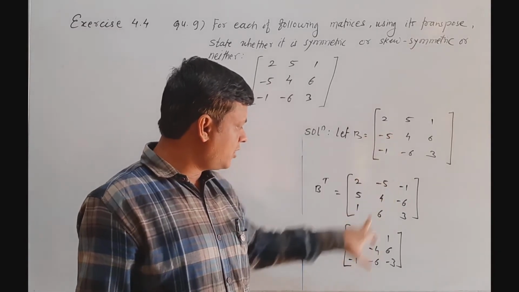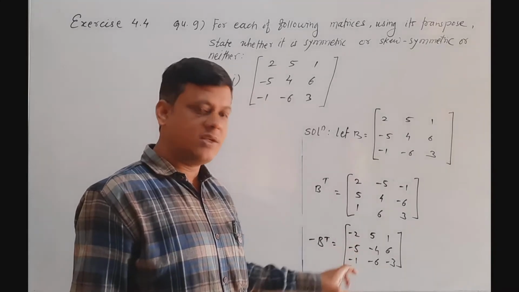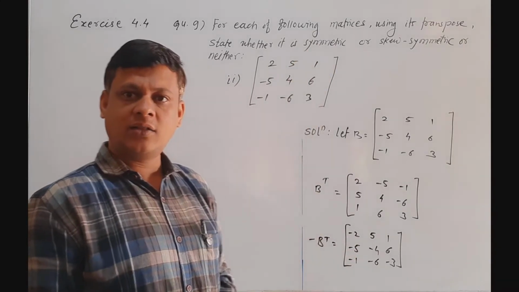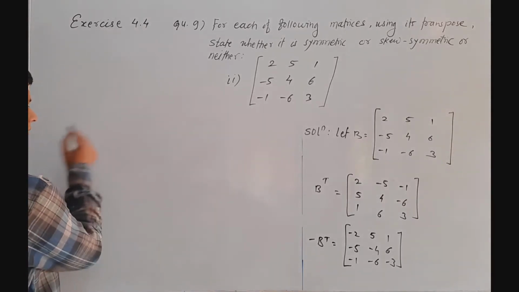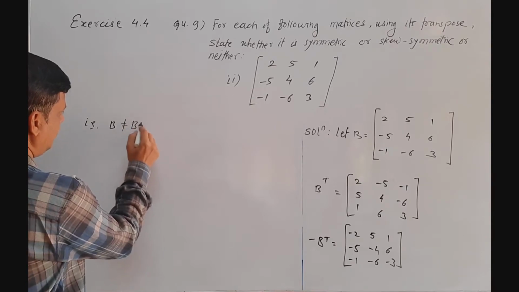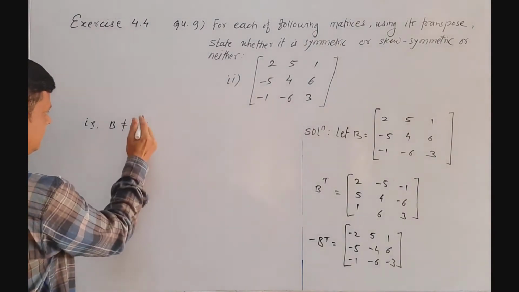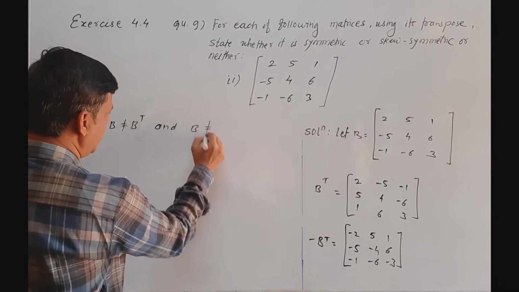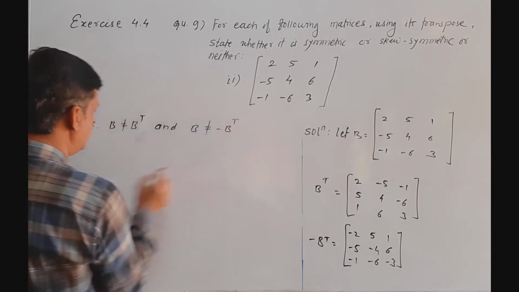Here the value is 2, here the value is minus 2, that means both the conditions of symmetric and skew symmetric are not satisfied. So write here that B not equal to B transpose and B not equal to minus B transpose.